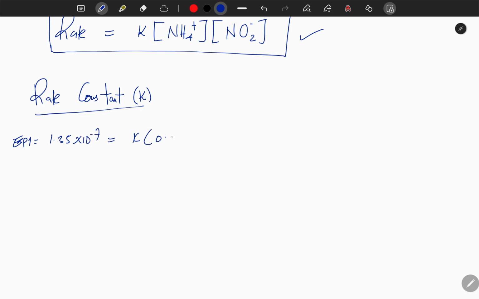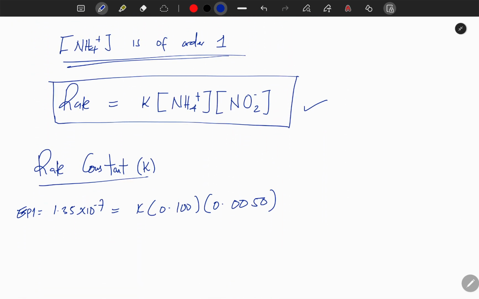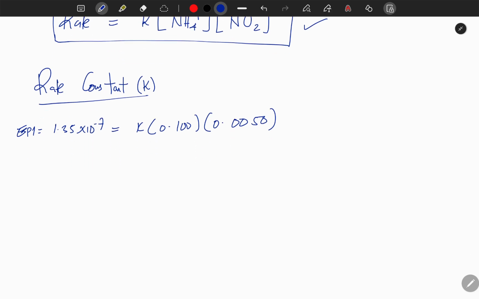We have 0.100 and we have 0.0050, if I'm not mistaken. Yes, we're just getting these two. Replacing them here. So from experiment 1, I've just gotten whatever is here. I can't put anything there because the values there are just 1.